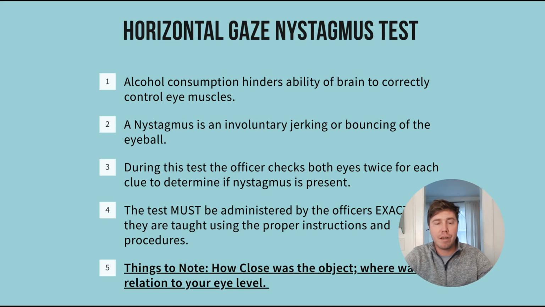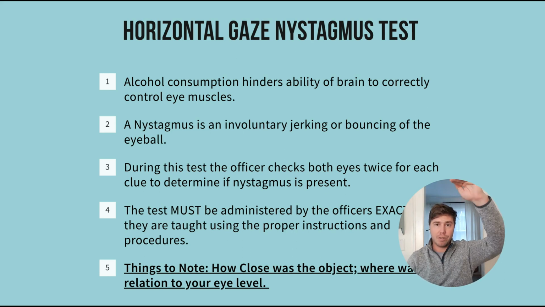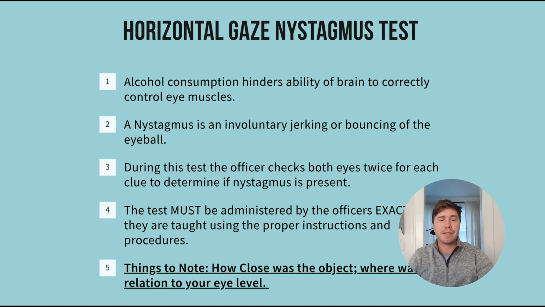And ultimately, the officer has to check both eyes twice for the cue, and he has to administer the test exactly as they're taught using proper instructions. You're looking at whether this was done right. You're going to want to note how close was the object in relation to your eye, and was it held at eye level, because if it's held too high or too low or too close, there could be issues with how the officer performed the test.